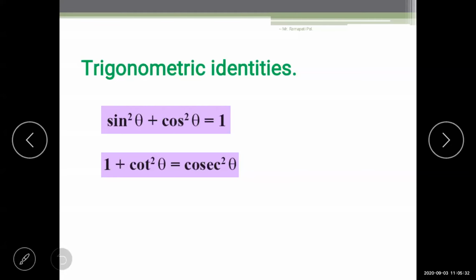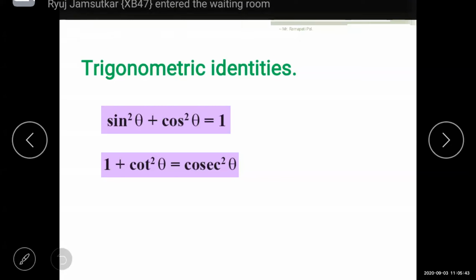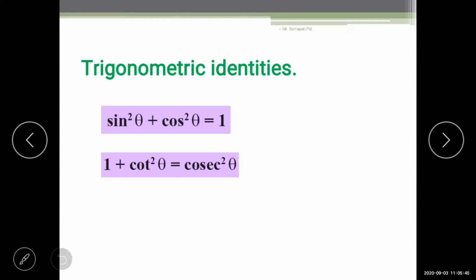Cosec square theta minus cot square theta is equal to 1. Correct. Or 1 minus cosec square theta. Yes, write fast. Only Sanskriti is writing. That I told. 1 minus cosec square theta.